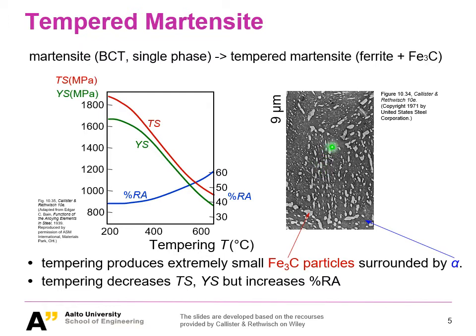So the cementite in the tempered martensite is much smaller than that existing in the spheroidite. That's why the tempered martensite still has a very high strength compared to perlite and spheroidite. Okay, so hopefully that gives you a more detailed explanation about tempered martensite.